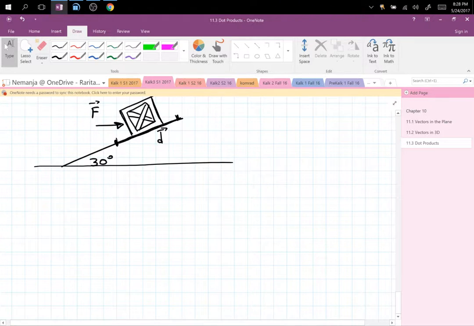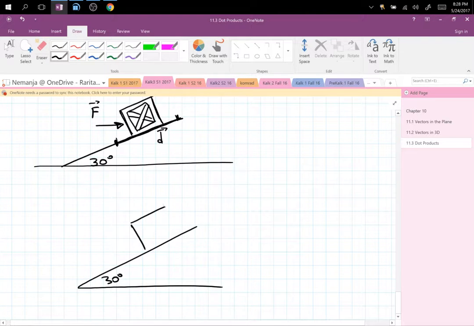Now, one more picture. Let's go again on the incline. For those of you who did not enjoy physics yet, this is going to be an interesting example. I'm not going to draw too much of the crate now because I need to show forces.